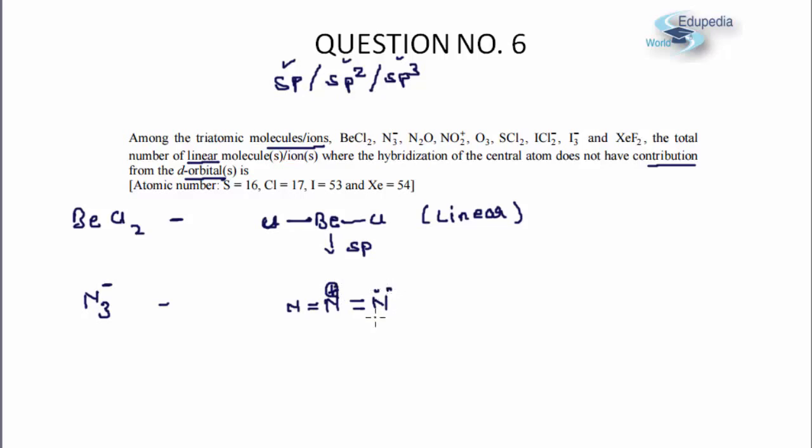There are 2 lone pairs on this nitrogen, negative formal charge, not the actual charge, and a negative charge on this. So this is the structure of azide. You call this azide. So clearly you can see that the hybridization of this central atom: 1 sigma, 2 sigma bonds, no lone pair. So this will be sp again, and since it is sp it will be linear. So it again meets our criteria.